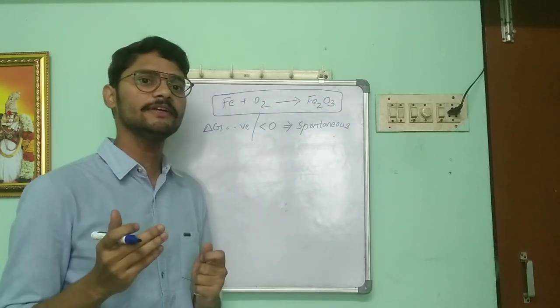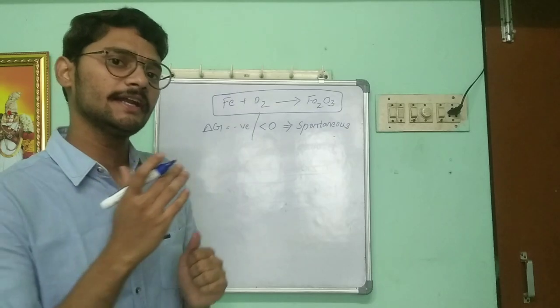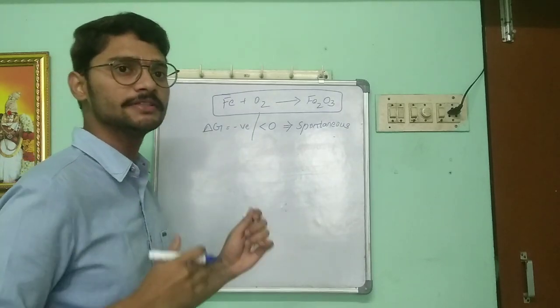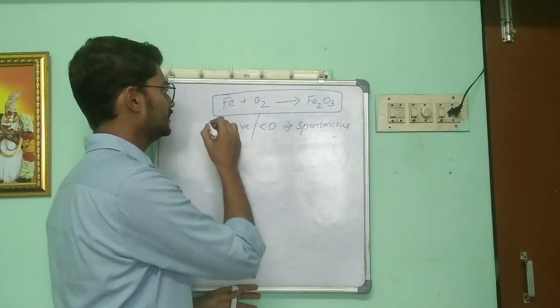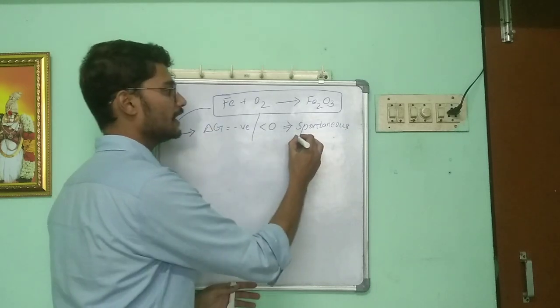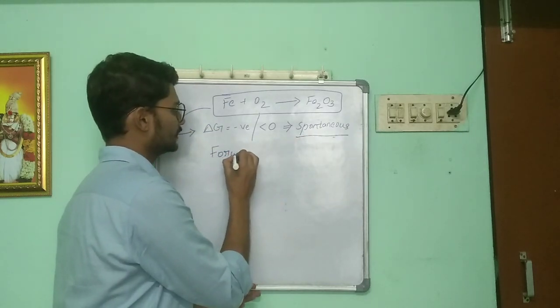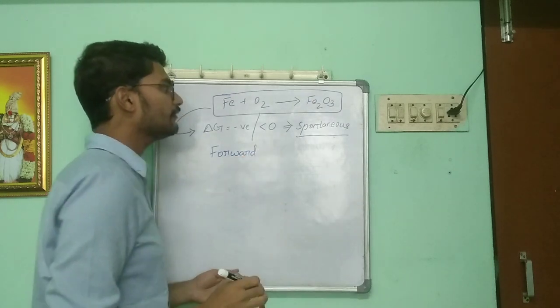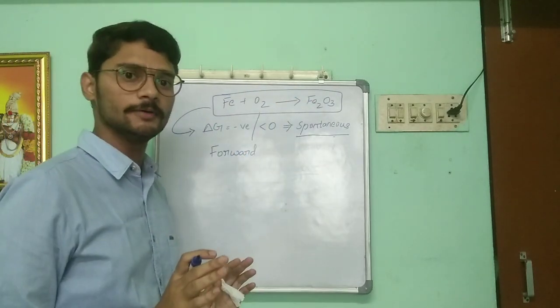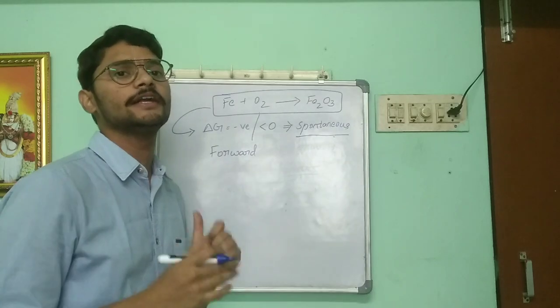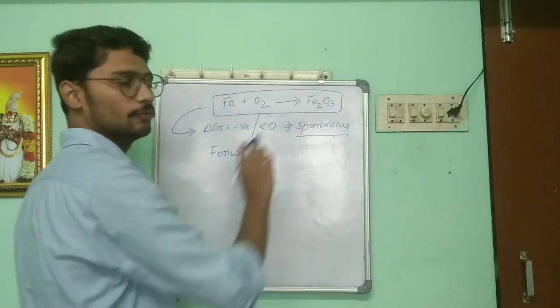So chemical equilibrium tells us that the corrosion will take place in the forward direction. So this reaction is spontaneous, and the second thing is it moves in the forward direction. The backward direction of this process is also possible, but only by adding some reducing agents for the Fe2O3.